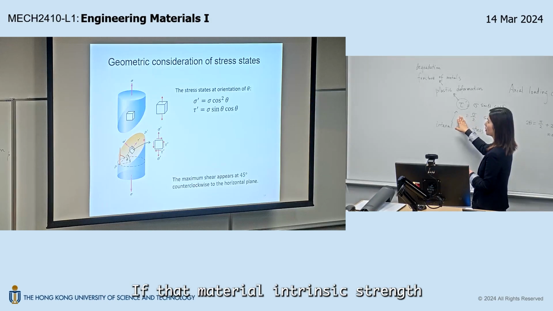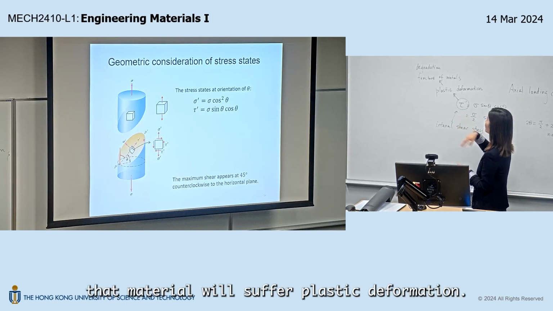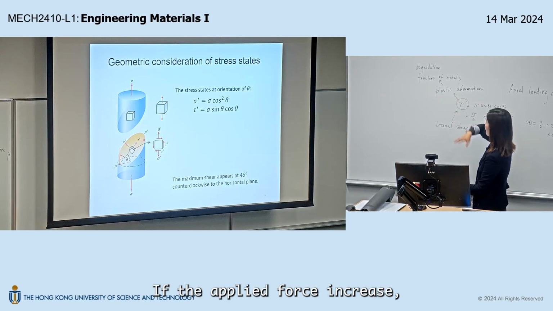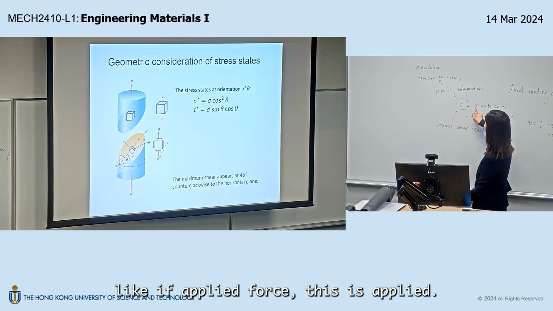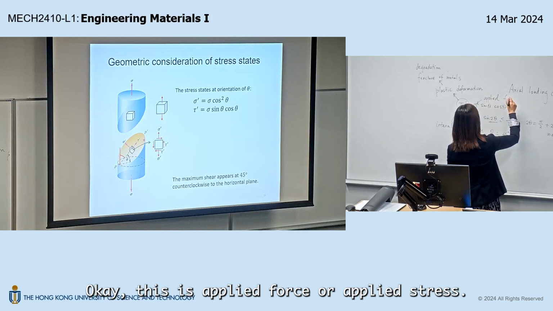If the material's intrinsic strength is lower than this value, that material will suffer plastic deformation if the applied force increases. Okay, this is the applied force or applied stress.